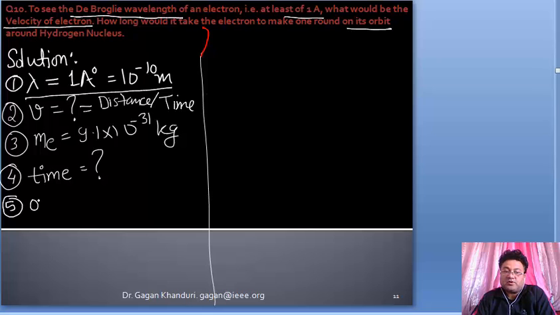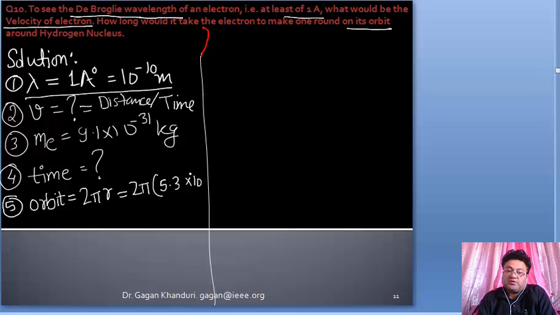So orbit length would be 2 pi into r, where r for a hydrogen atom is about 5.3 into 10 raised to power minus 11 meters, that is 0.53 angstrom.